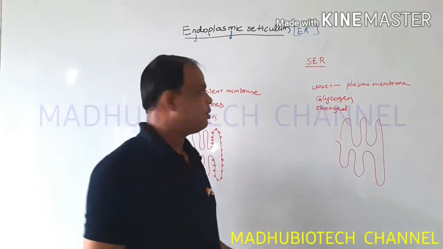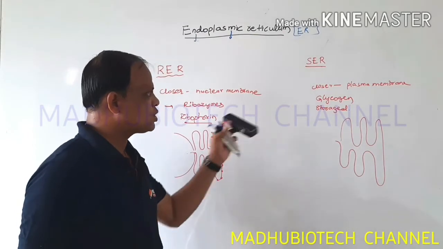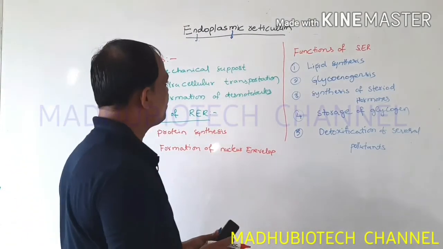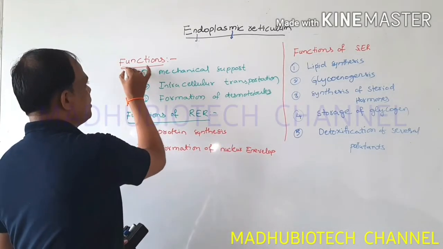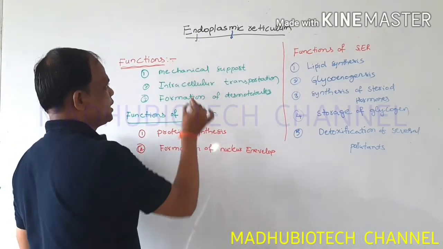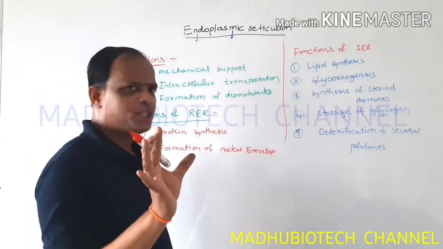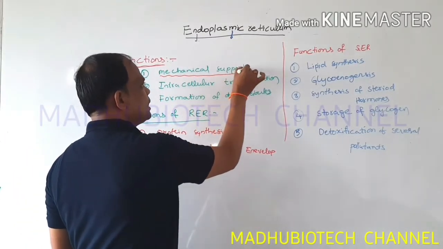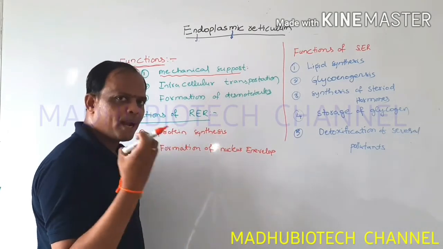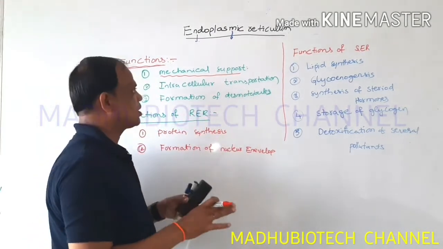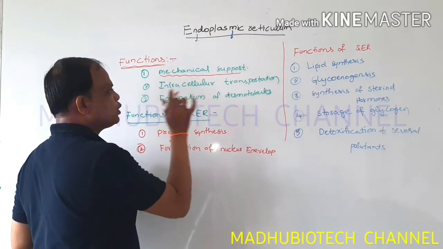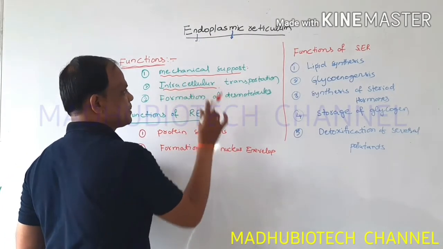Now next, the functions of the endoplasmic reticulum. These are very important functions. The endoplasmic reticulum gives mechanical support to the whole cell and to all the cell organelles, and it is useful for transportation in intercellular spaces.